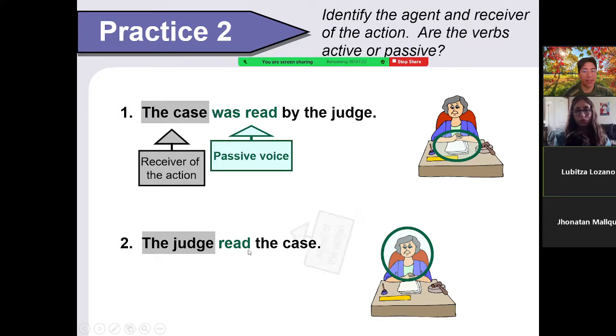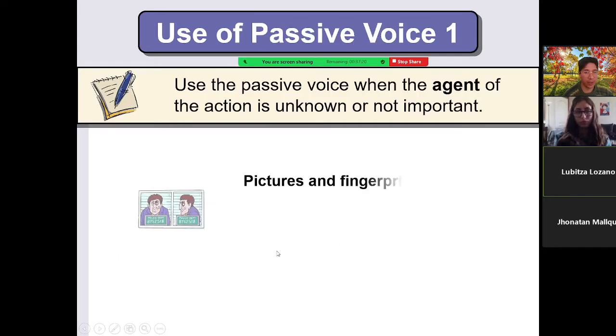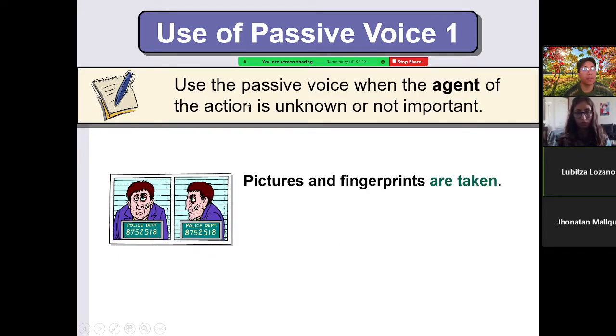This is passive, and this is the active voice. Use the passive voice when the agent of an action is unknown or not important. It refers to the previous statement. You know that we never use "by" when we don't know who performed the action, or because it's obvious.